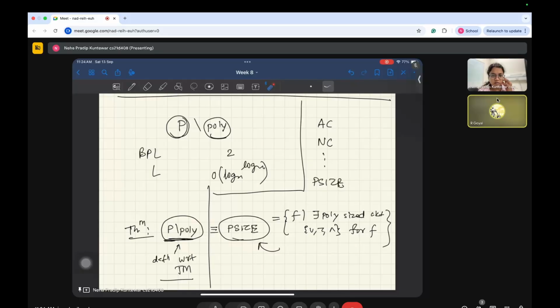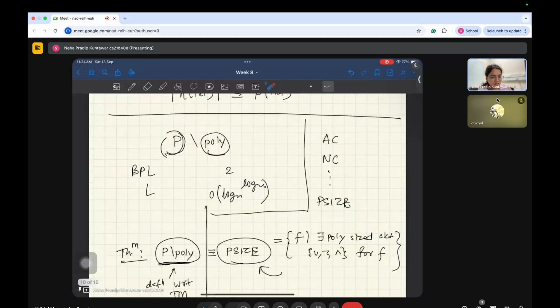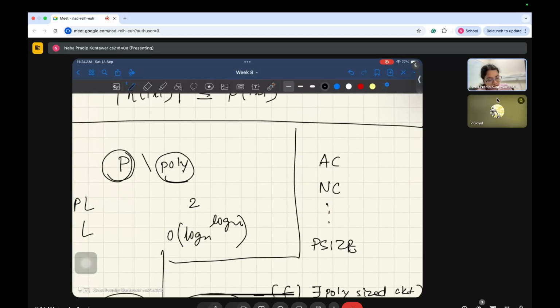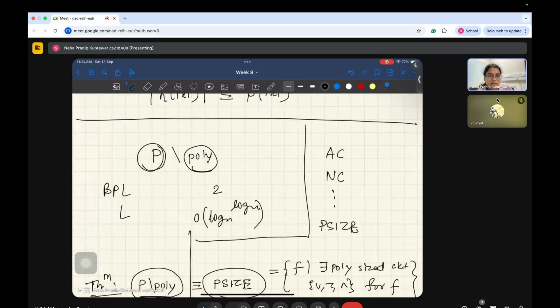Now I understood. And we wanted to prove this. How is this different from AC and NC? Notice that the way we defined it was always with respect to the depth. So this is the union of NC^i, where i is greater than or equal to 0, where NC^i basically means that the depth is log n to the i.